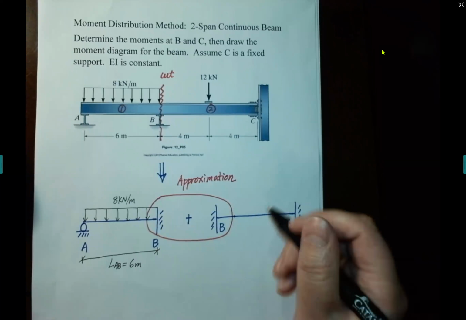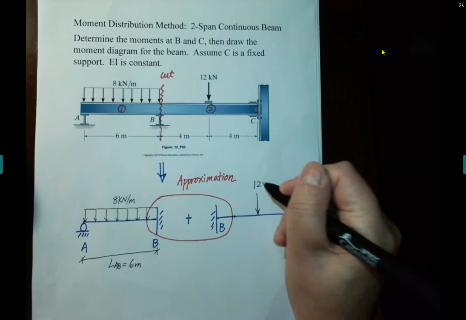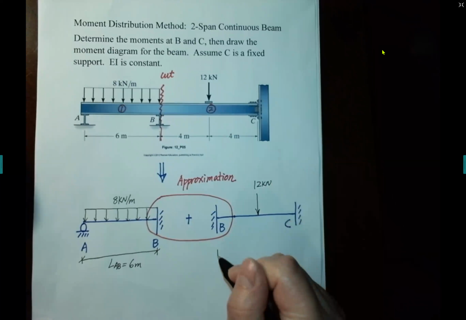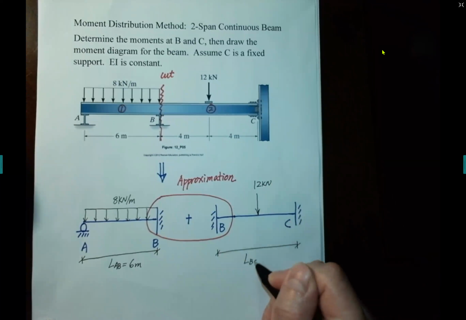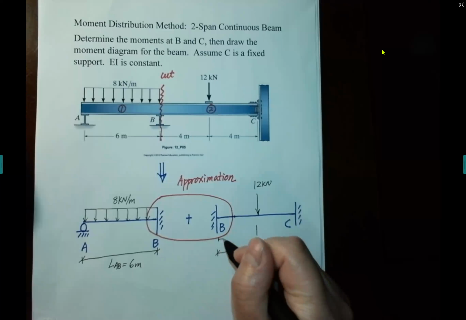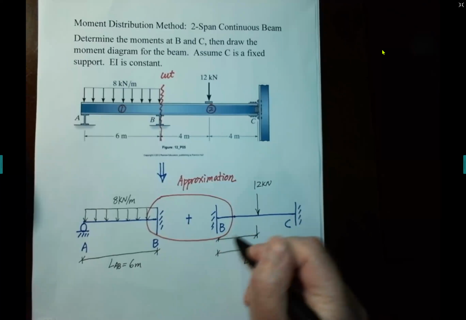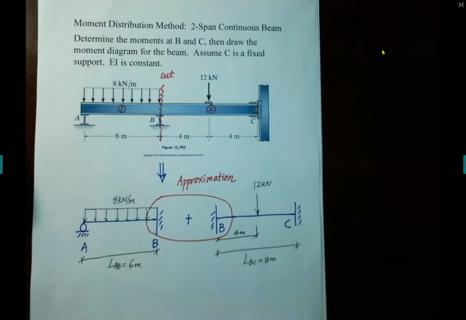And for BC, subject to a point load in the middle, the length of BC is 8 meters. 12 kilonewton, and the distance to the support B is 4 meters. After that, we need to put fixed end moment.